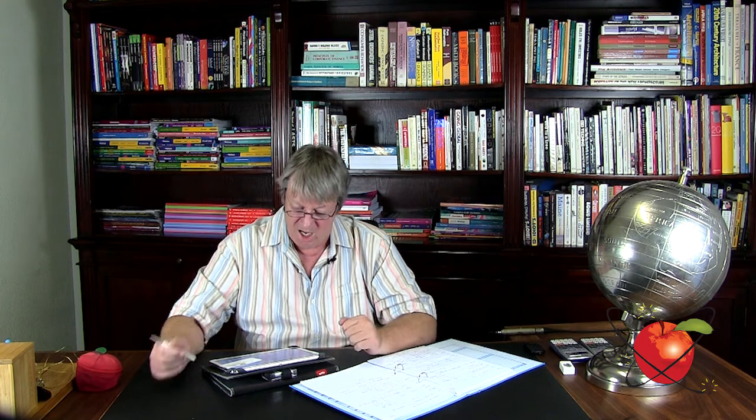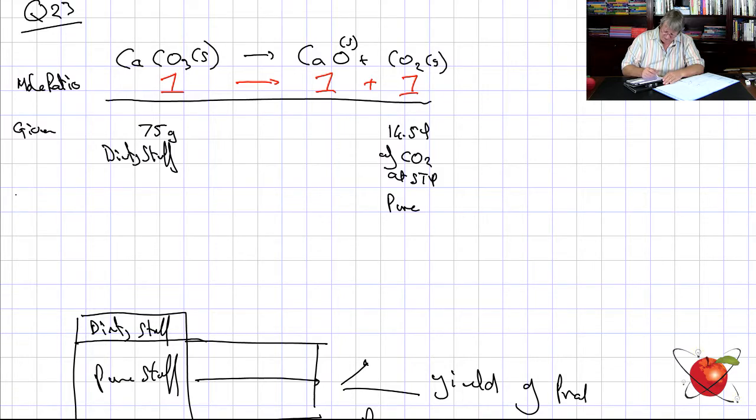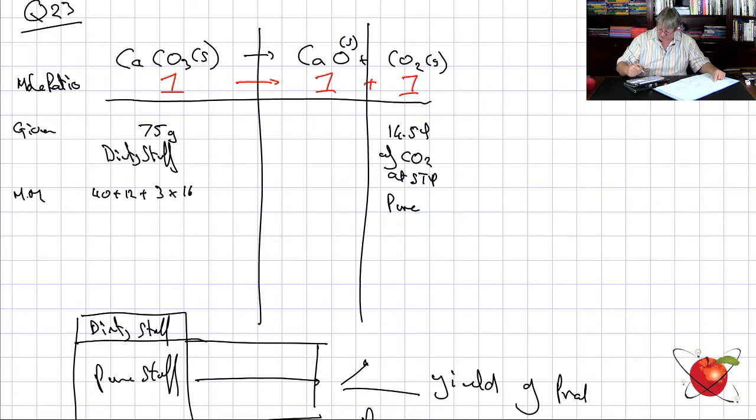And it's not all pure because we're being asked what is the percentage yield. Okay, so now let us have a look. First of all, molecular mass is 40 plus 12 plus 3 times 16. I'm working out this one. Remember, we put our lines down here, and we're just going to work down.